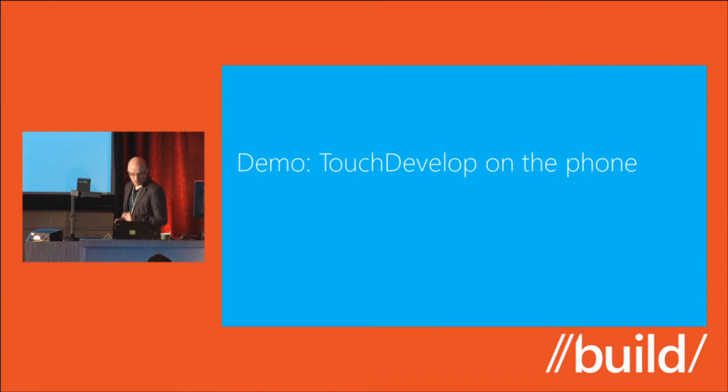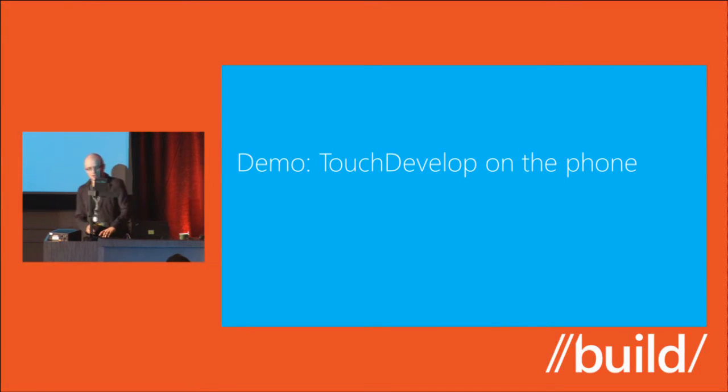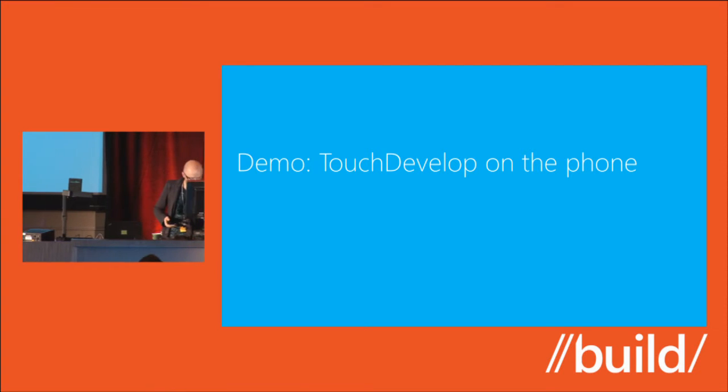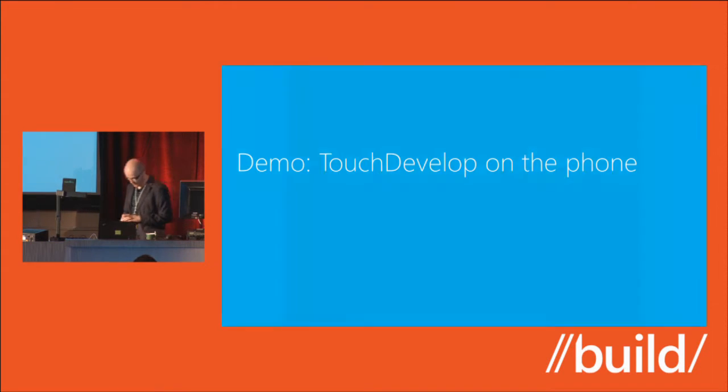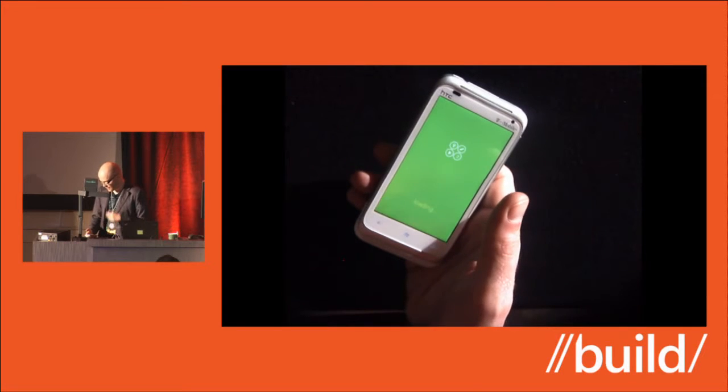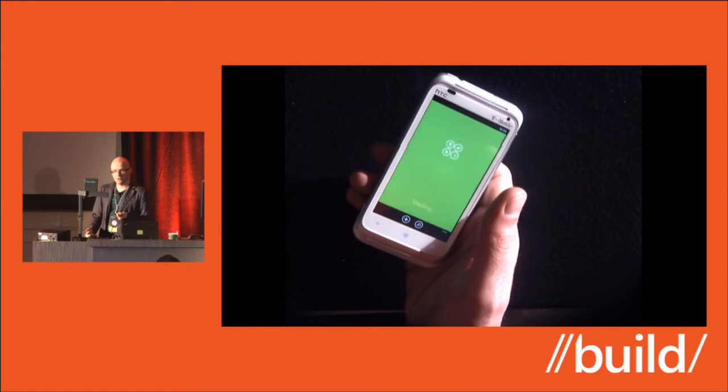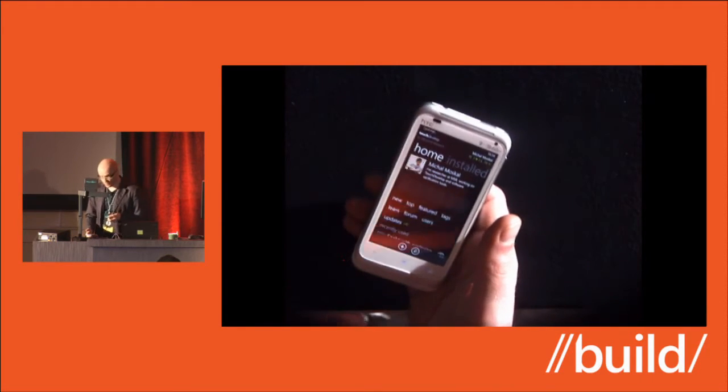So I'm going to show you a little quick demo. Okay. I'm just going to start it up. It's an app that you can actually download for a Windows Phone if you have one.